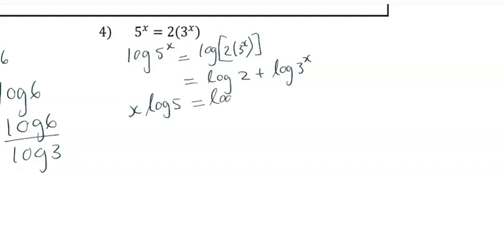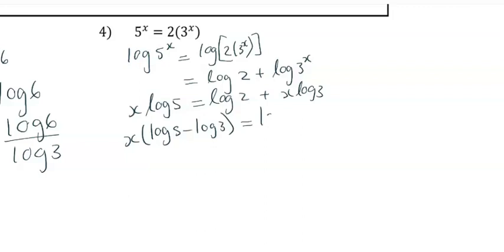On the right hand side I can write x log 3. So if I take all the x's to the left hand side, I have x times log 5 minus log 3 equal to log of 2, just as we solved regular equations before. So x is log 2 divided by log 5 minus log 3.